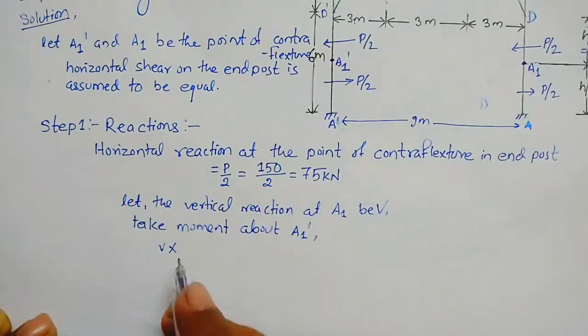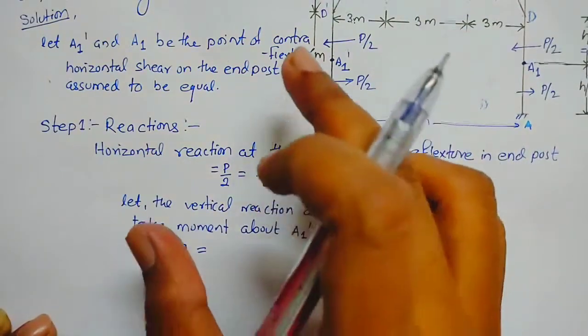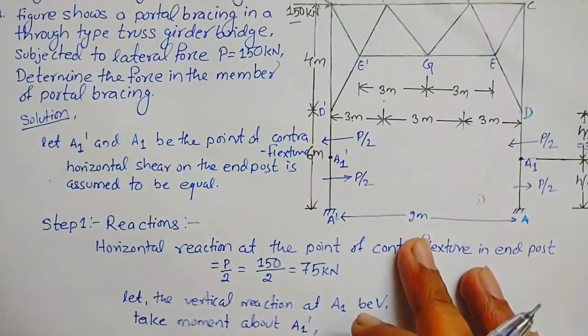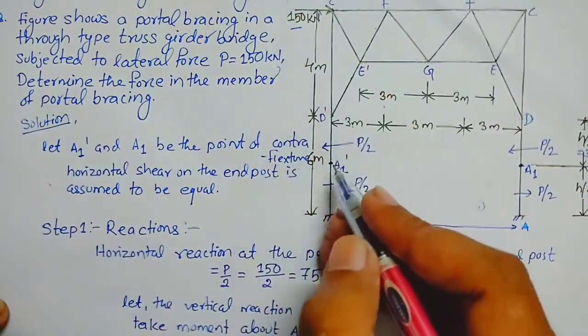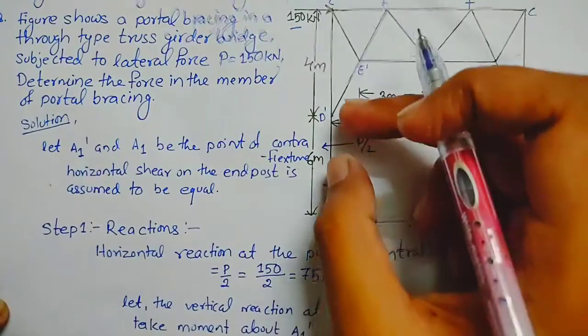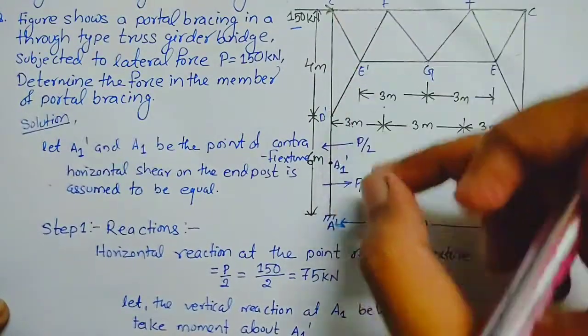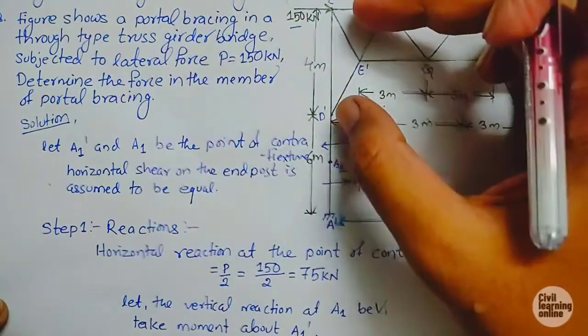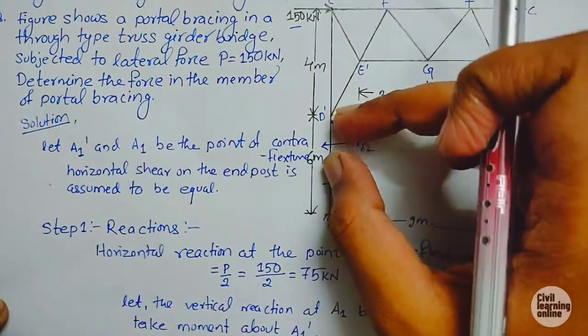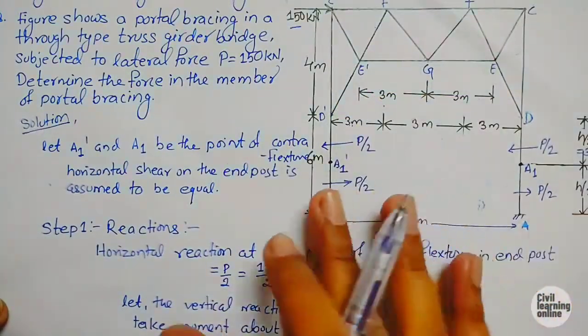V times 9 equals, this is taking anti-clockwise direction, and the 150 kilonewton is taking clockwise direction, and which is at distance 4 plus h by 2 from A1 dash. 150 kilonewton is at distance 4 plus h by 2, means 6 by 2, means 3 meter.